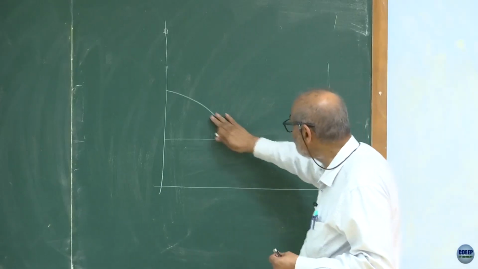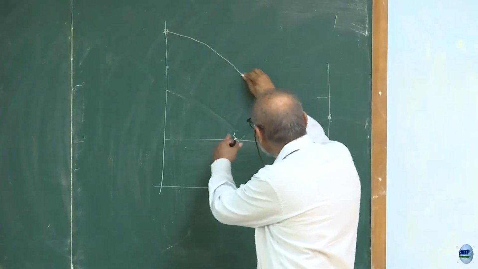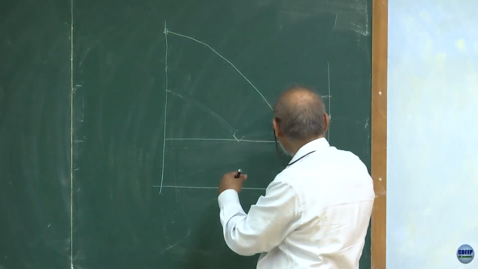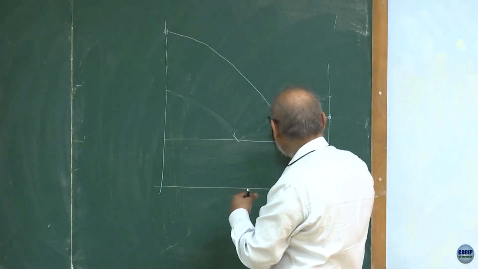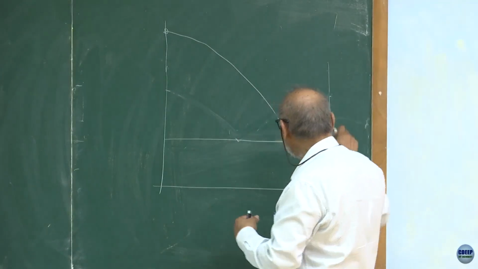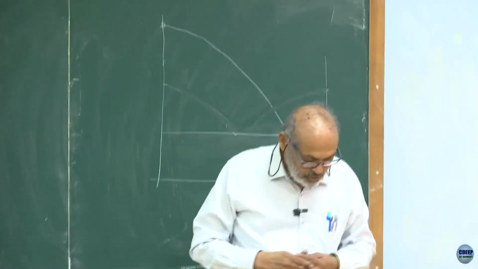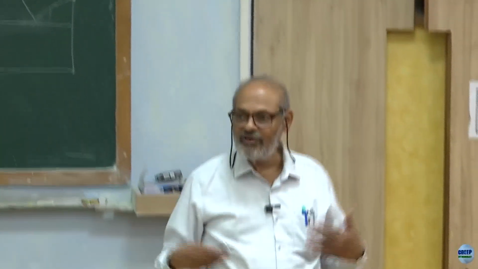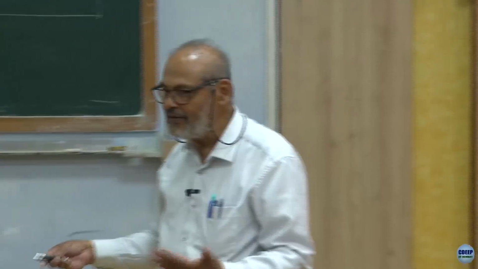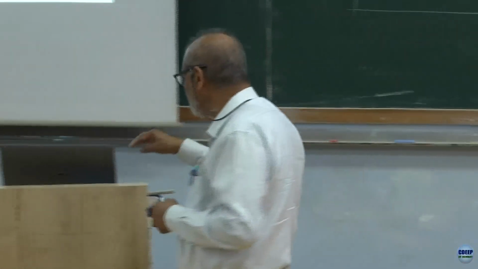So generally when such curves are drawn, you will get a curve which will be parallel to this almost, and this curve will come down like this. So intuitively you can make a judgment that this is likely to be an asymmetric phase diagram. Somebody raised this question, and this heuristic judgment one has to bring to bear whenever you are solving an industrial problem.